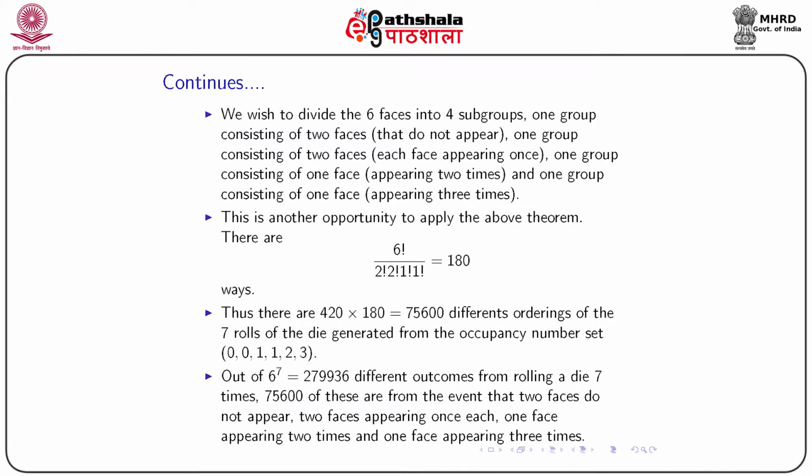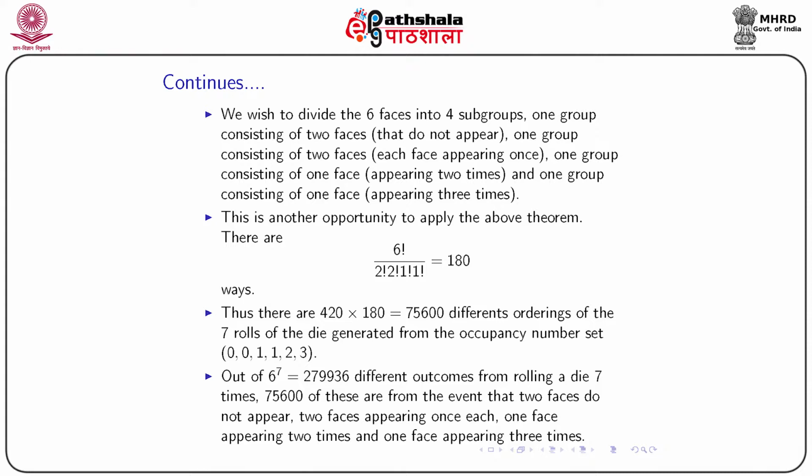So we wish to divide the 6 faces into 4 subgroups: one group consisting of 2 faces that do not appear, one group consisting of 2 faces each appearing once, one group consisting of one face appearing 2 times, and one group consisting of one face appearing 3 times.